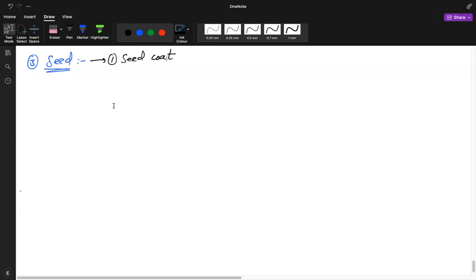The objective of a seed coat is protection. But a seed coat does much more than that. It also signals the seed or the embryo inside that a favorable condition is now present and the embryo should start germinating.